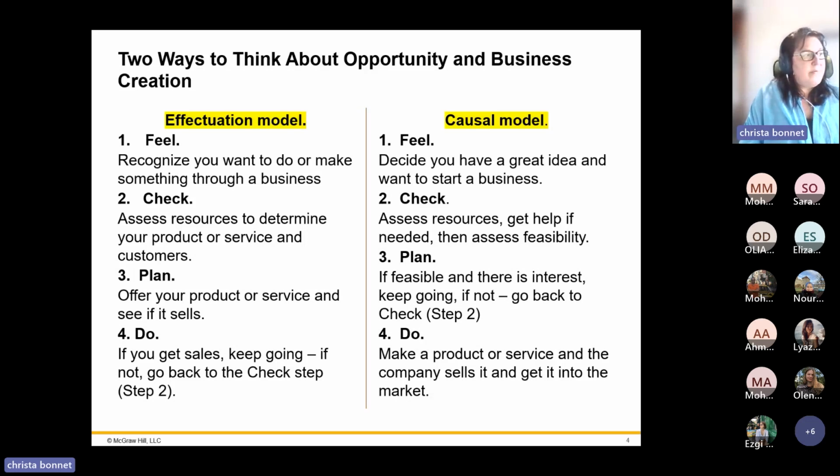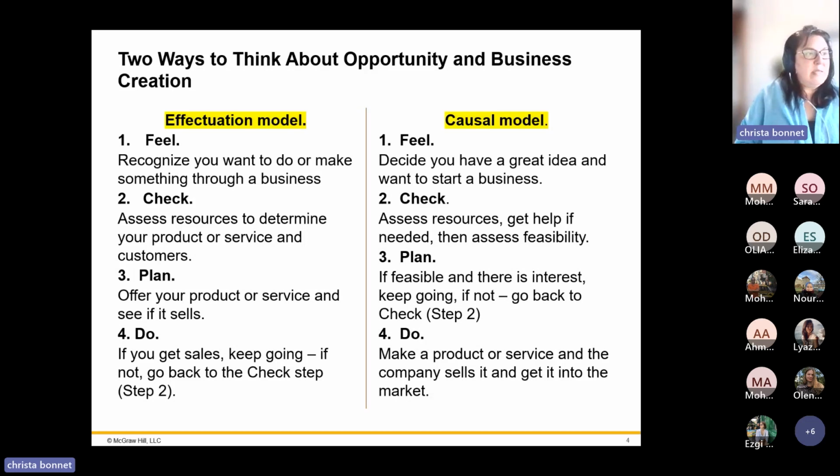Then the last step 4, which is do, under both. Under the effectuation model, they believe that if you get sales, keep going. If not, you go back to your check step to determine if it is a product or service that your clients want.